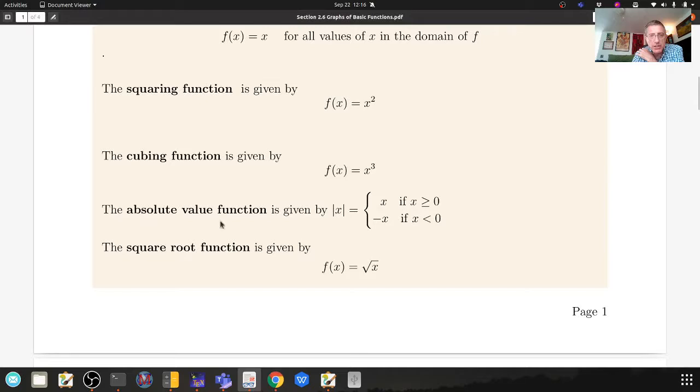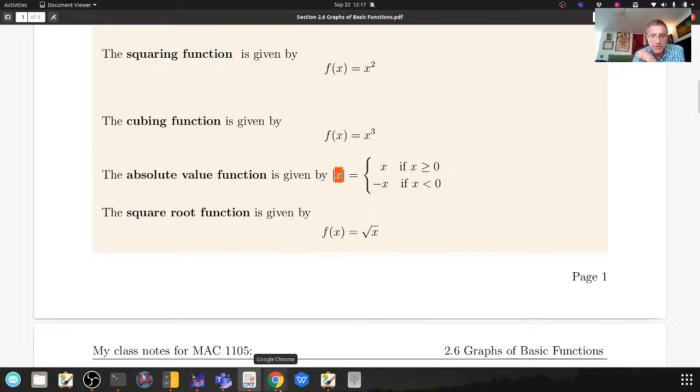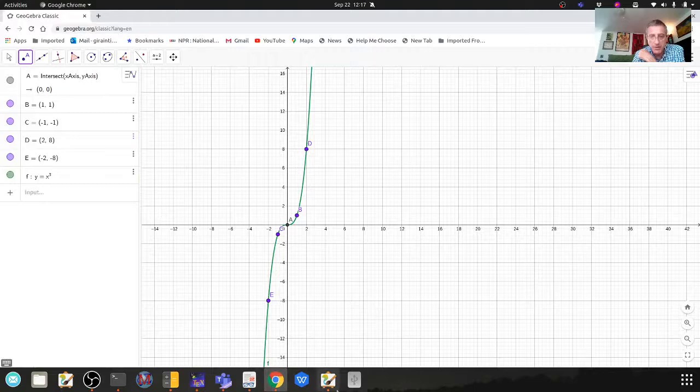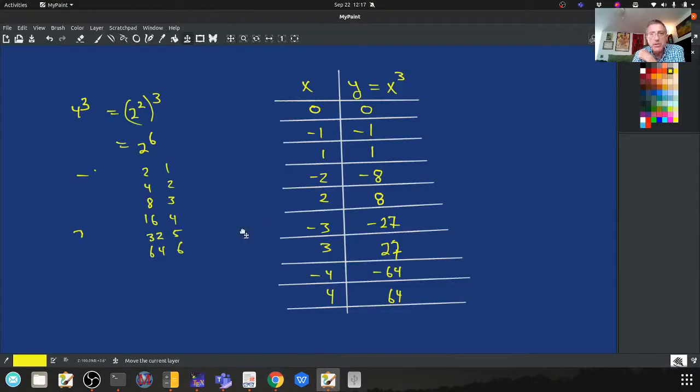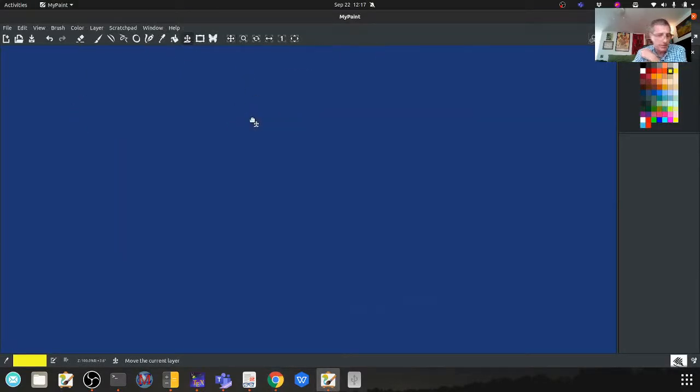Our next function is the absolute value function. The absolute value function is always going to be positive. If the input value x is negative, then the output value is the positive value of that. If the input value is 0 or positive, then the output value is the identity. As a matter of fact, what I'm going to do here is define the absolute value function using something we just previously discovered.